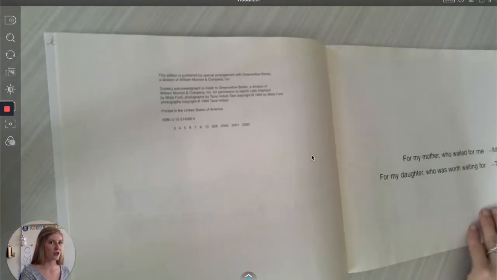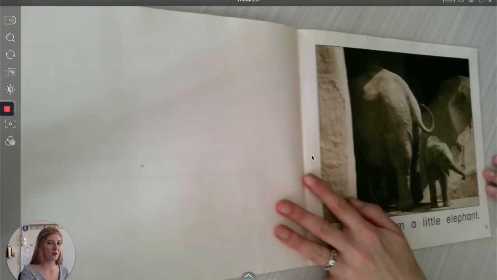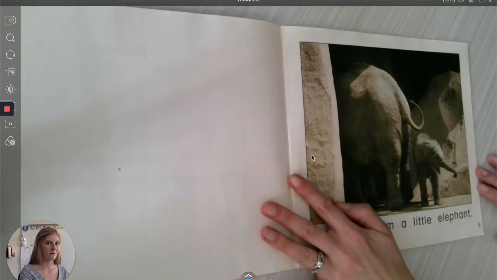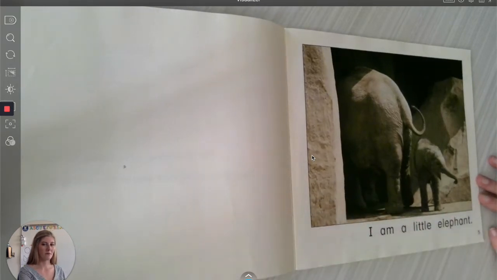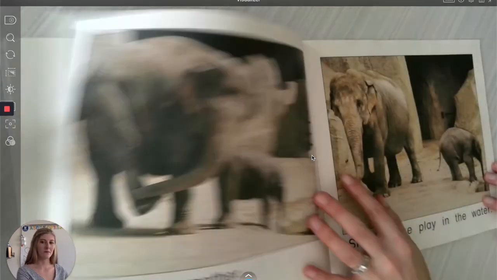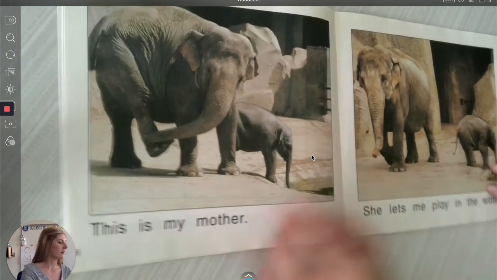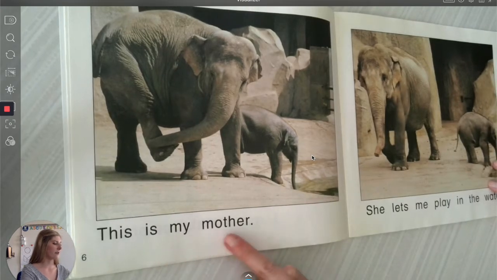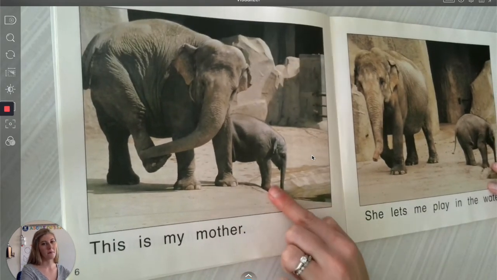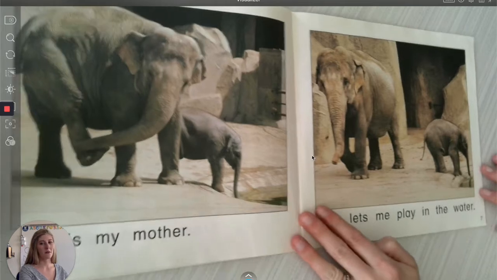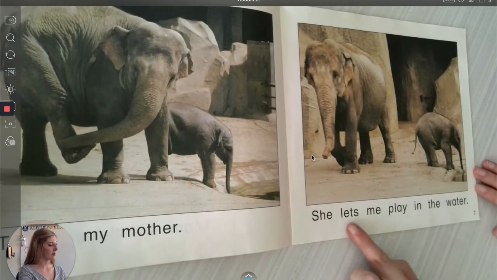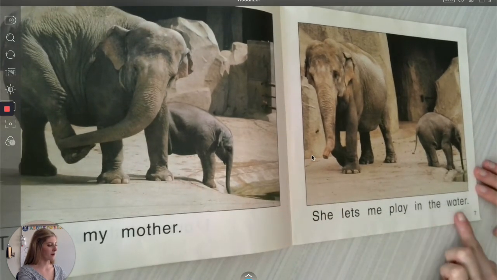Pay attention to what you are noticing in the story. I am a little elephant. Oh, wow, so there are some words here. Take a look at the picture. This is my mother. She lets me play in the water.